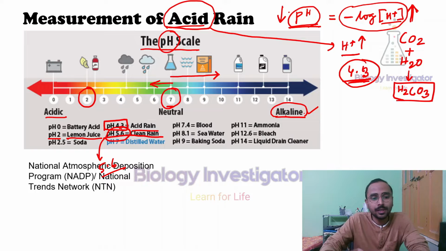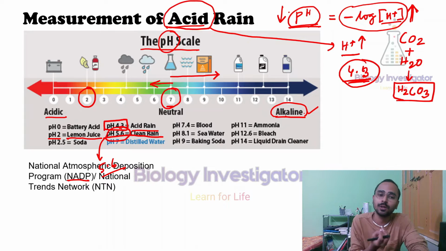There is one program, known as the National Atmospheric Deposition Program. Within this program there is one network known as the National Trends Network.